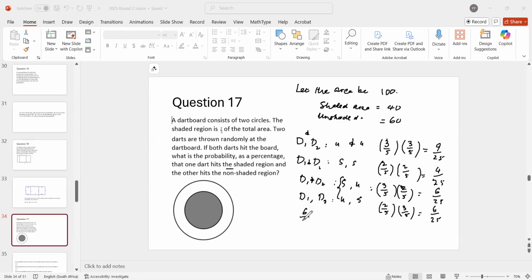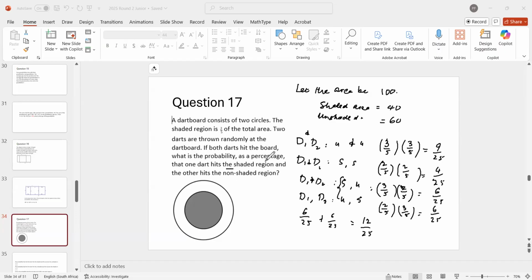So it's going to be 6 over 25 plus 6 over 25. So these are the two where it hits the shaded and the unshaded. One of them hits the shaded and the other. So it's 12 over 25. So the probability that one of them is shaded, the other is unshaded, is 12 times out of 25.